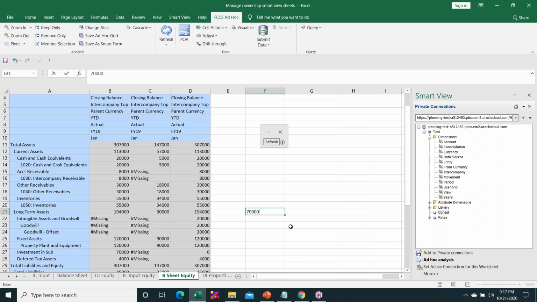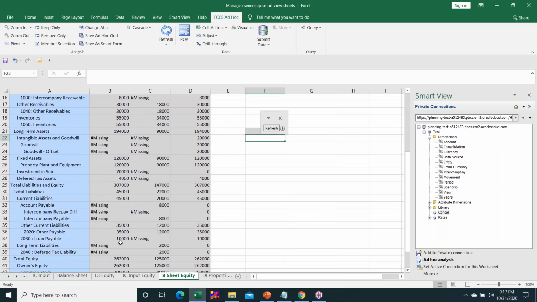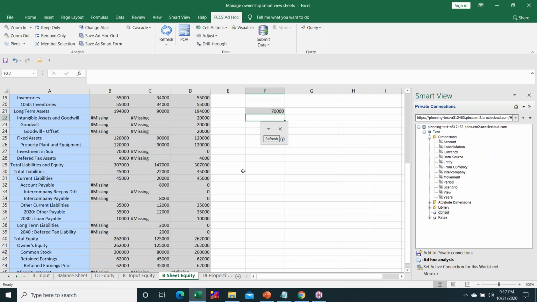70,000 for the acquisition, and if I calculate the net asset value, that is 1,25,000, and I have taken the acquisition by 40% only. So I have acquired the net asset of 50,000, but I have paid 70,000 for the acquisition.